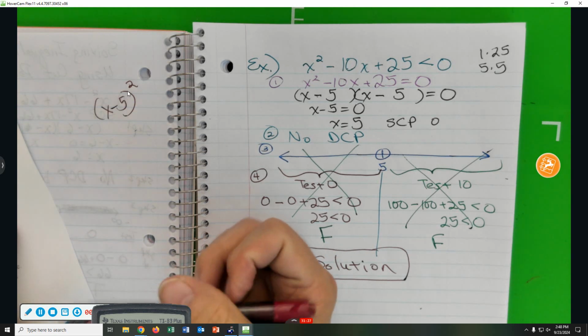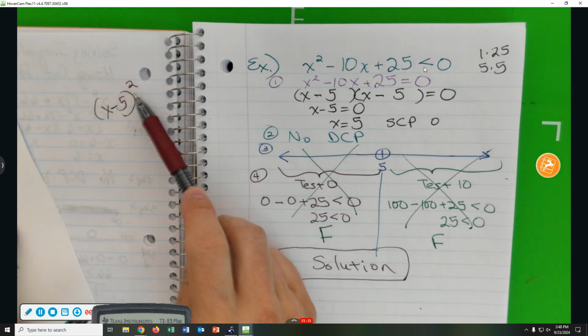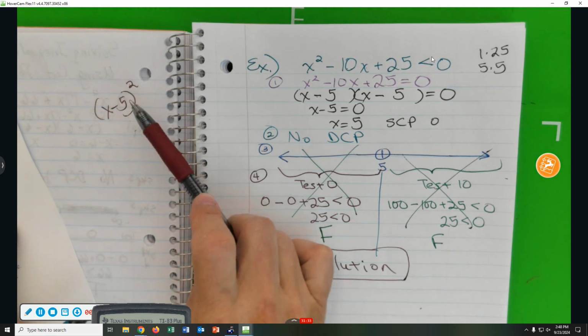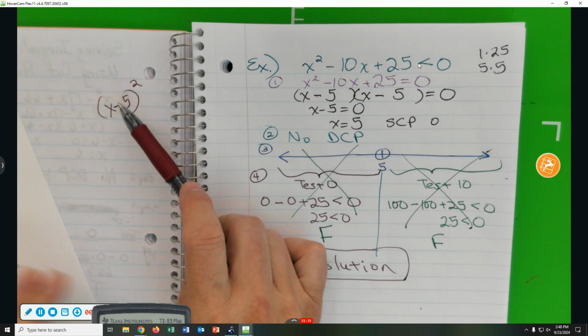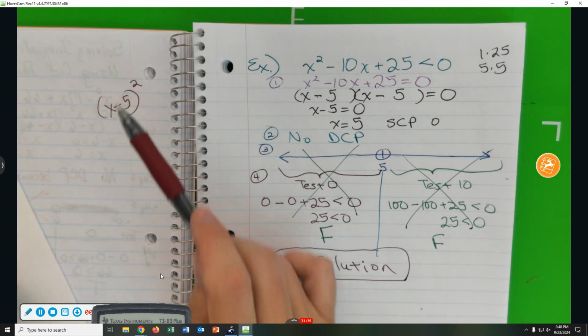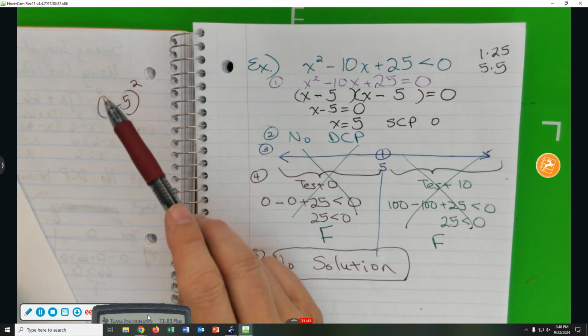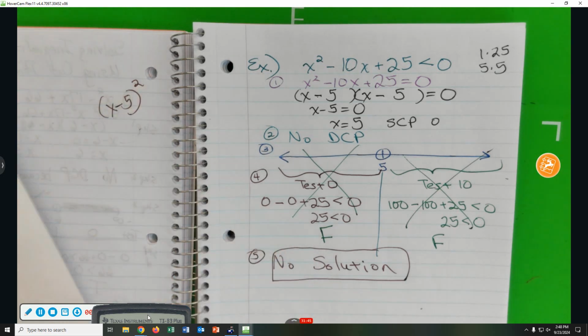You're going to get a positive result. It's the way even exponents change negatives to positives. It's that same problem that we had with square root equations that caused us to have to check our work.